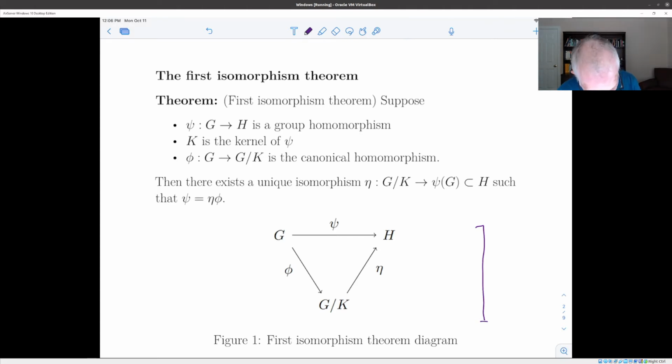So we have a homomorphism from G to H. And like any homomorphism, that homomorphism has a kernel, K, and it need not be bijective, so its image, psi of G, is just a subgroup of H. So even though G maps to H, it may not hit all of H, it might only hit a subgroup of H. So psi of G is the image of G in H.